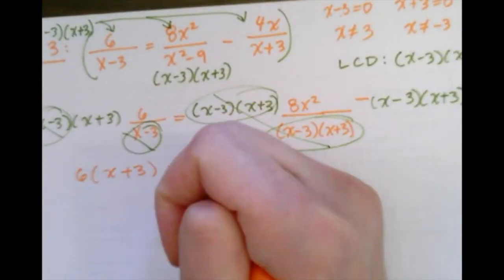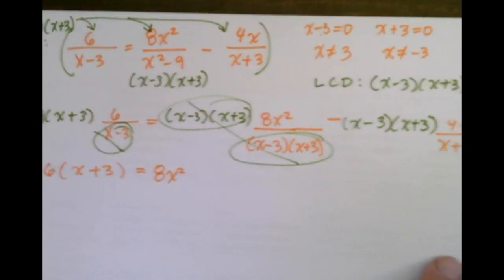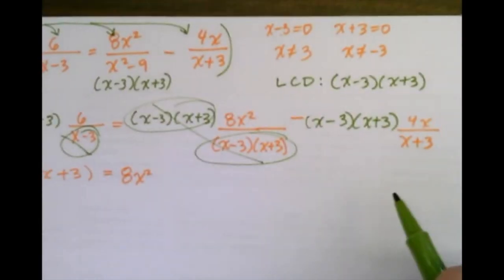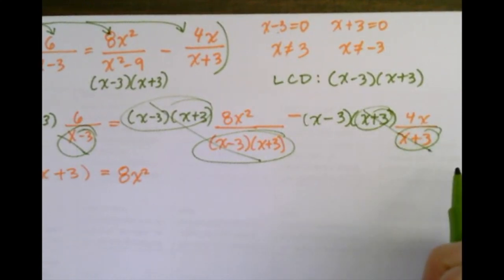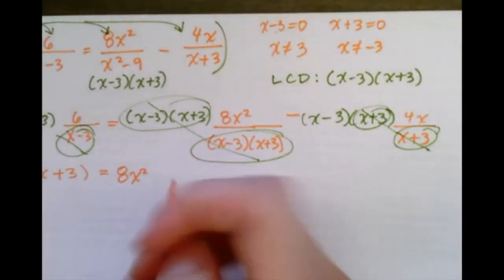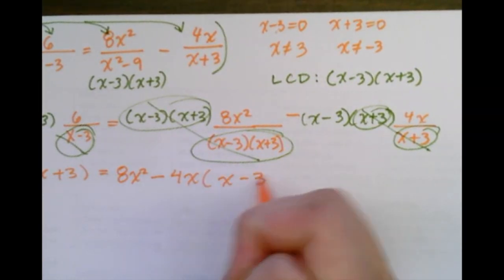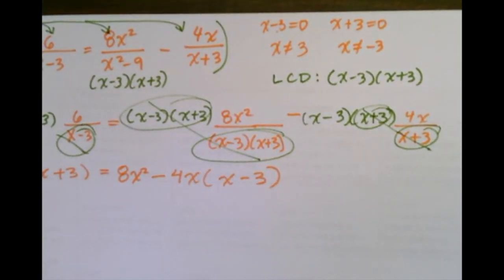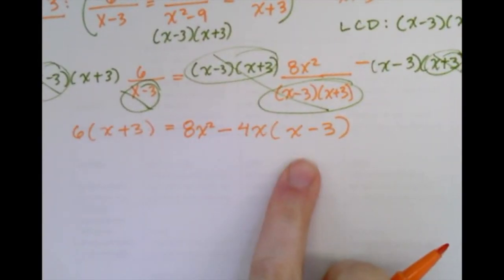So then I'm left with an 8x squared. And then in the last part, I have an x plus 3 and an x plus 3 canceling. So I'm left with minus 4x and then x minus 3. Okay, so now we're not done, but it's a lot simpler than it was, right?